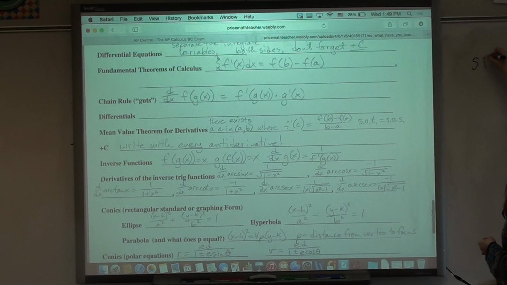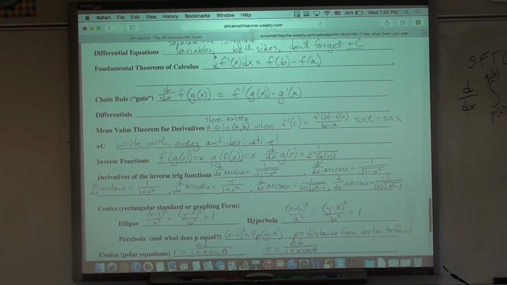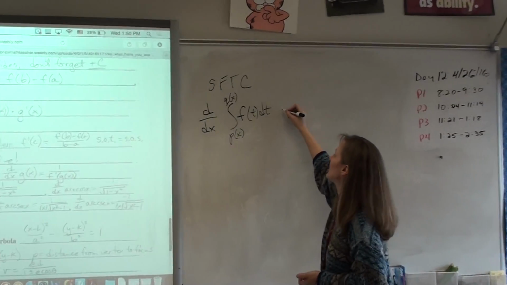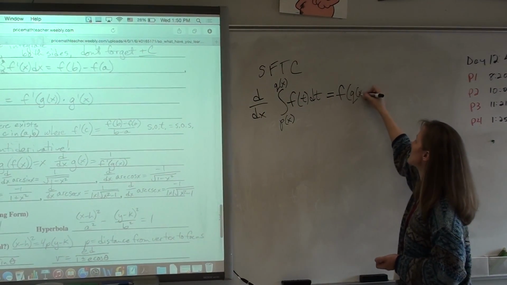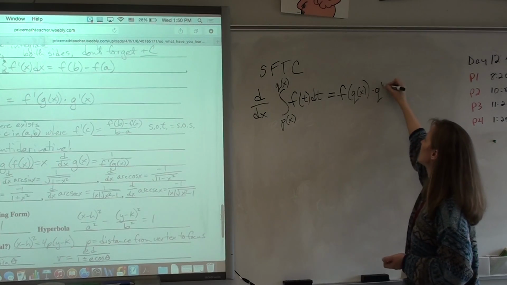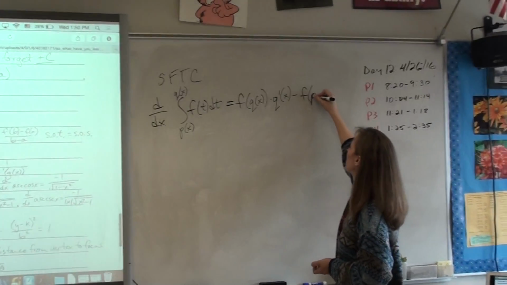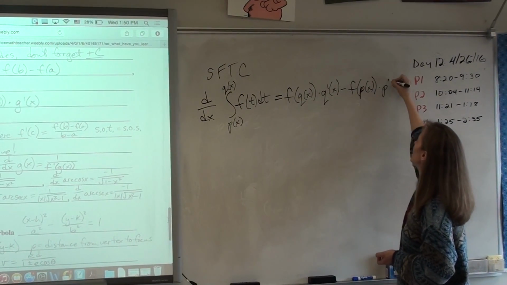So SFTC says the derivative of an integral where variables are in the limits, like that. So you take the top limit, plug it in, times its derivative, minus, take the bottom limit, plug it in, times its derivative.